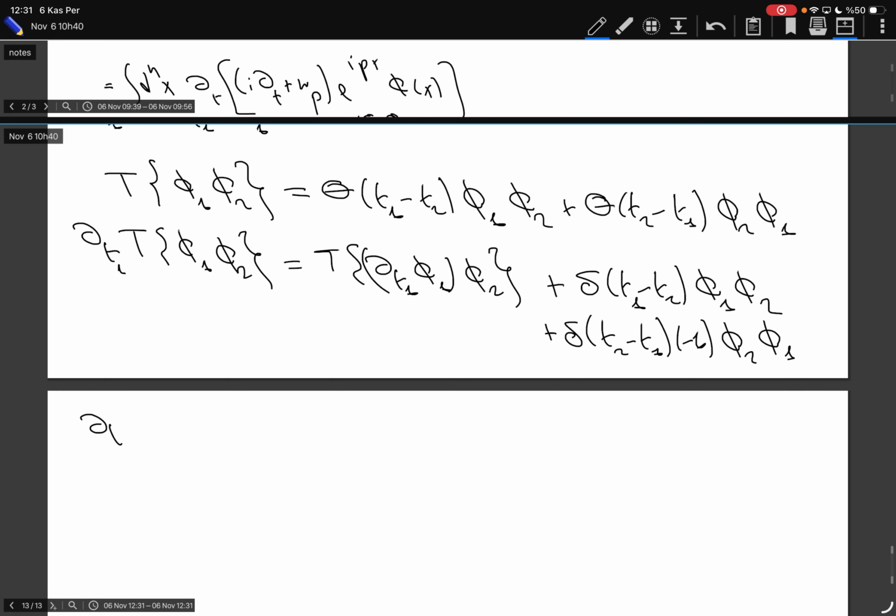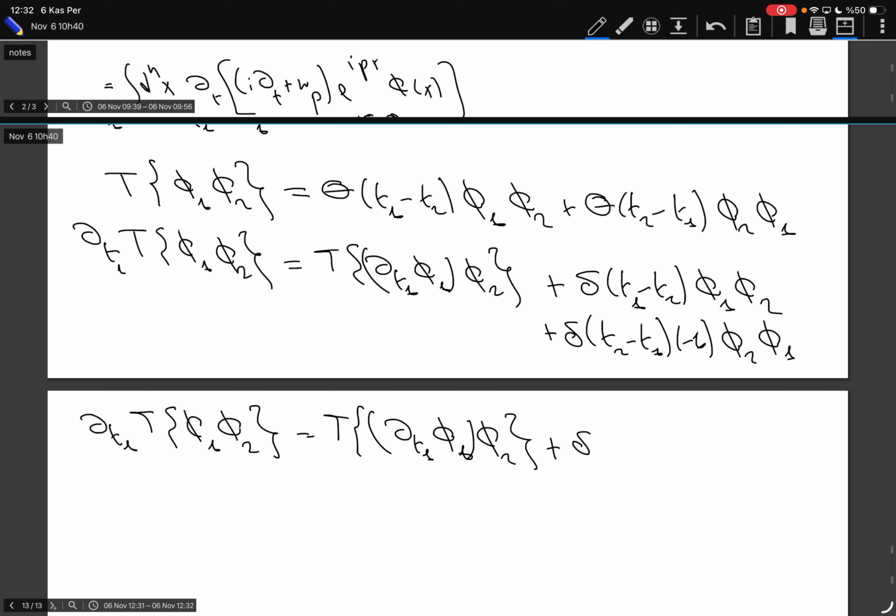So this time derivative of the time-ordered product will be the time-ordered product of the derivative of the field, but then I will get Dirac delta t1 minus t2, the commutators of phi 1 and phi 2.